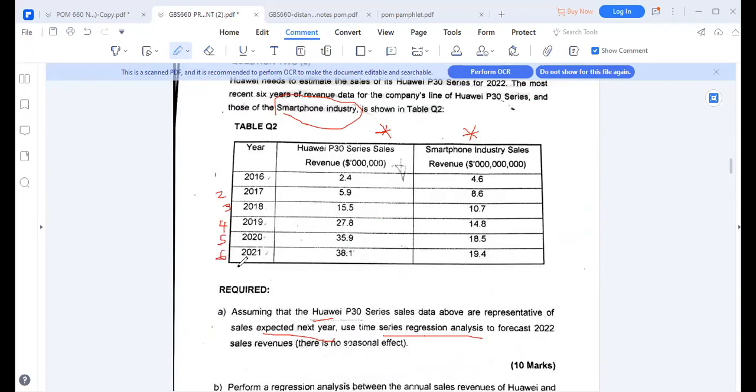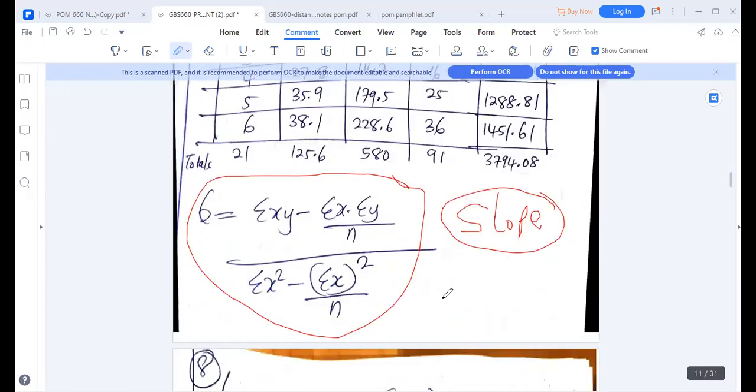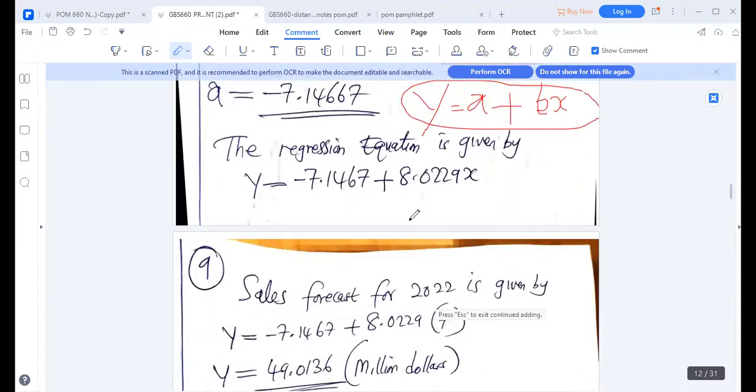Then 2022 will be actually the 7th position. So this one will be on point number 7. As we look at this, we can just go and put the 7 in that expression.